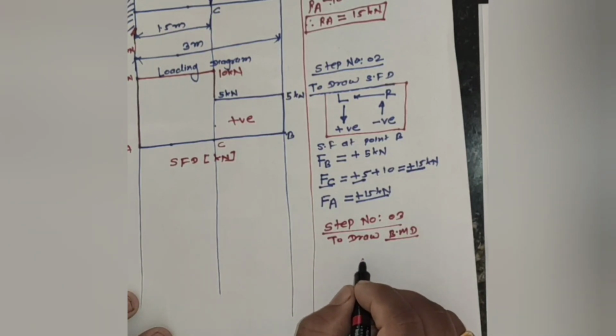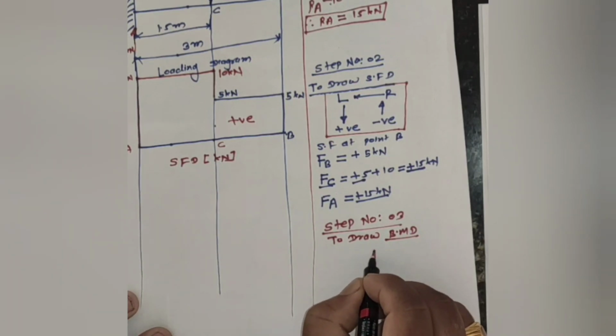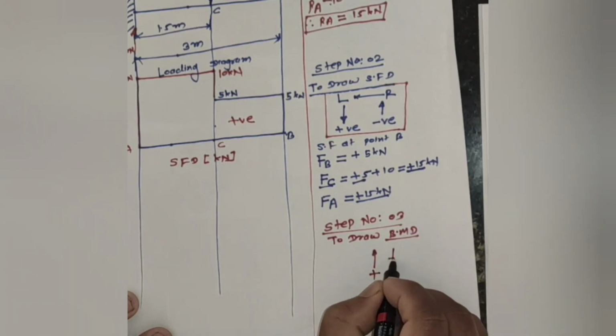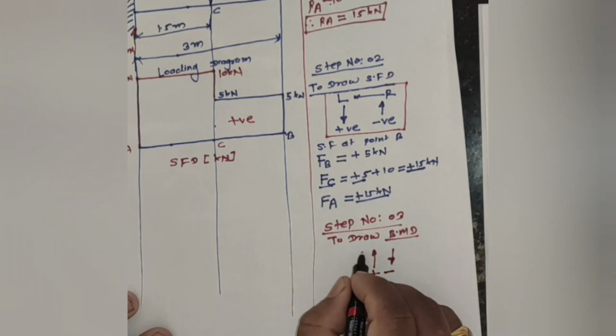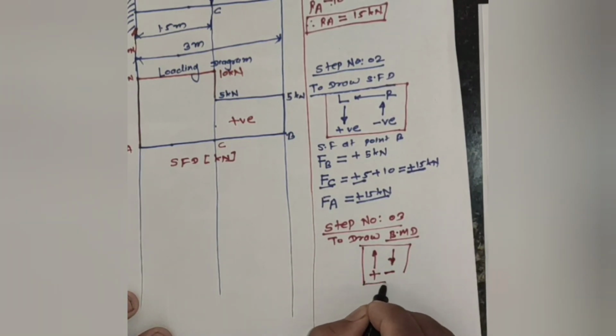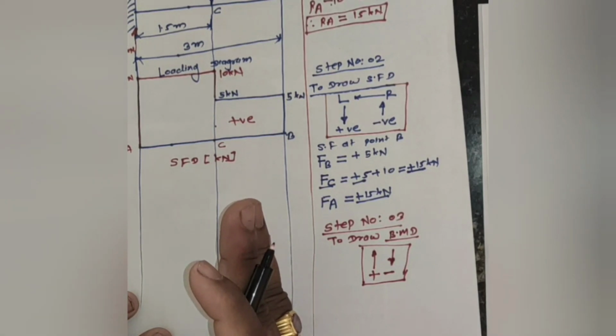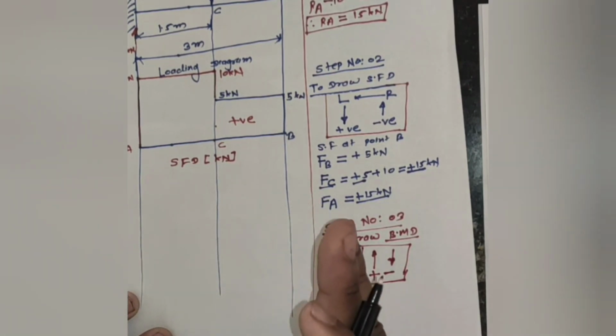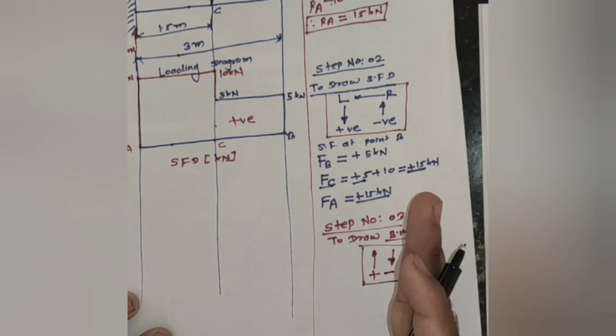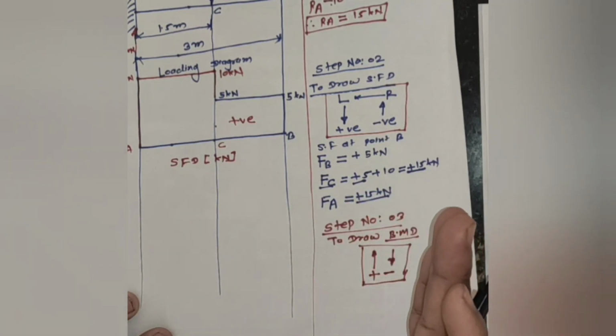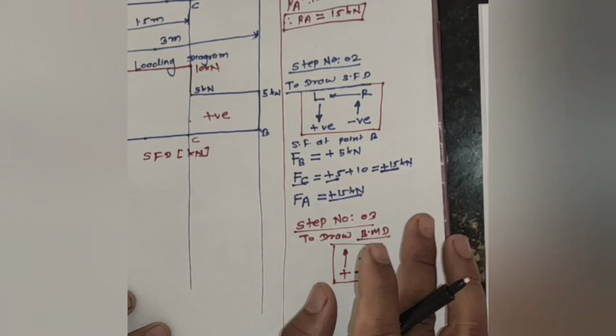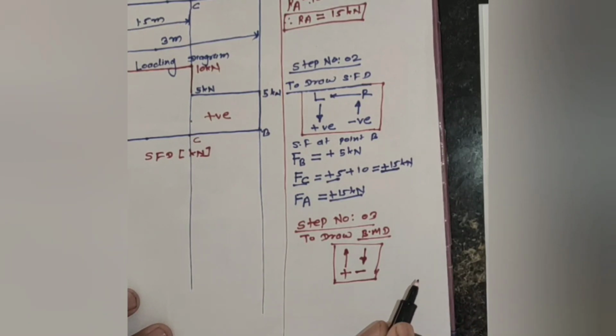I have already told you the sign convention in the previous example: upward take it positive, downward take it negative for calculating the bending moment. And one concept is: for each point's bending moment, you have to start from the free end. And bending moment at the free end is always 0.